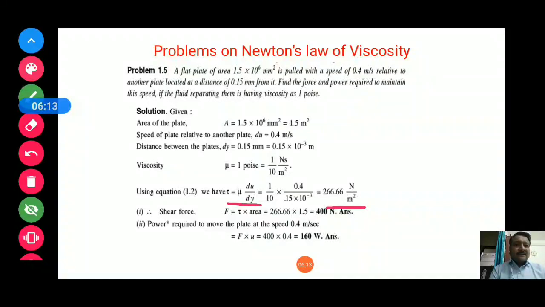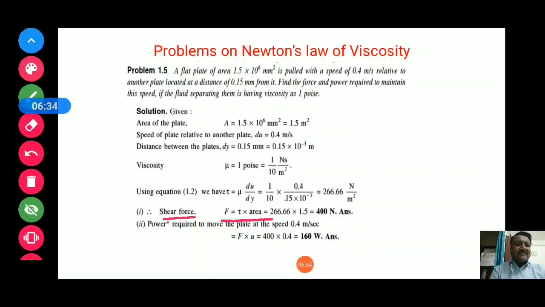Now we have to find the force and power required to maintain this speed. From the shear stress you can find the force. So shear force is equal to tau into area.